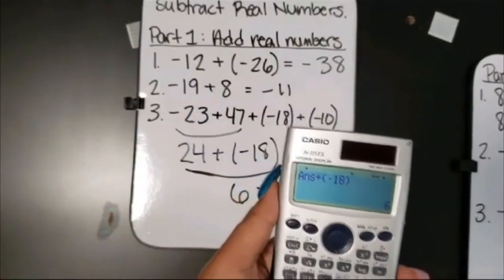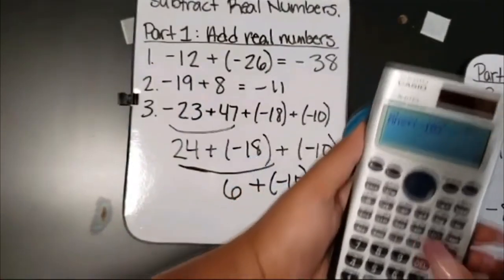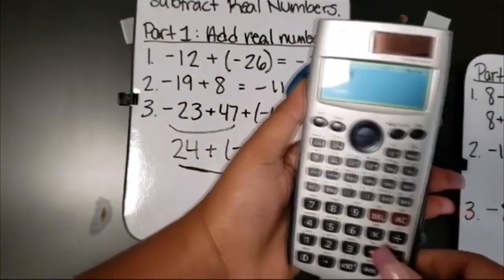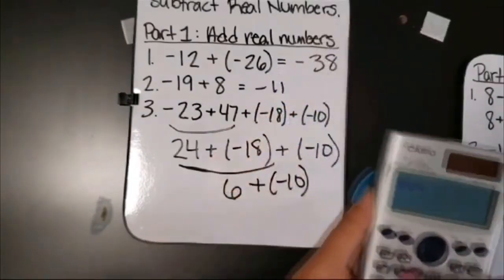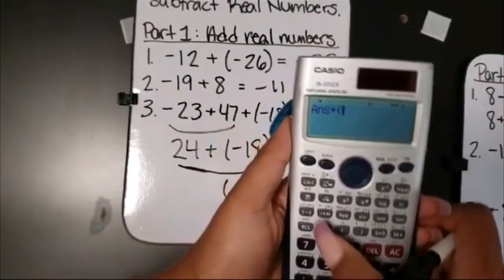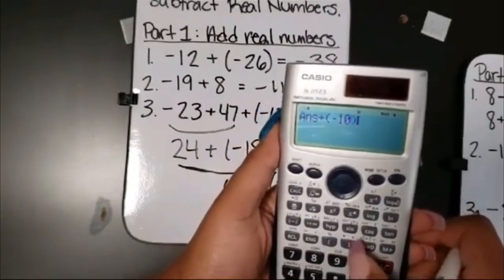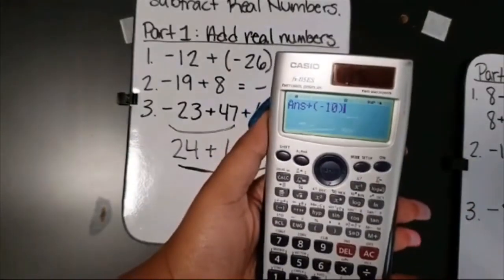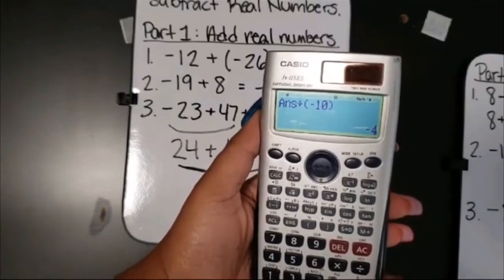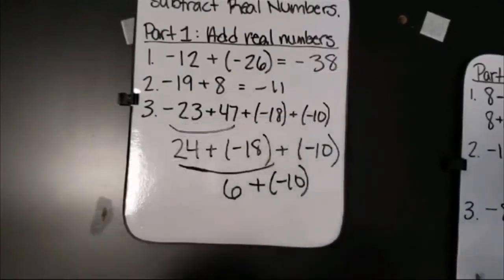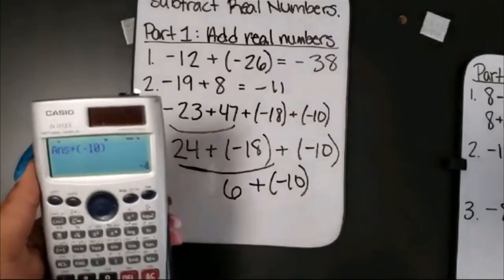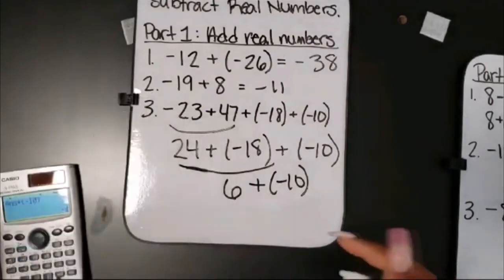So we can keep that in there as our answer. And all we have to do is plus, open parentheses, negative 10, and close parentheses. And we get our answer as negative 4.